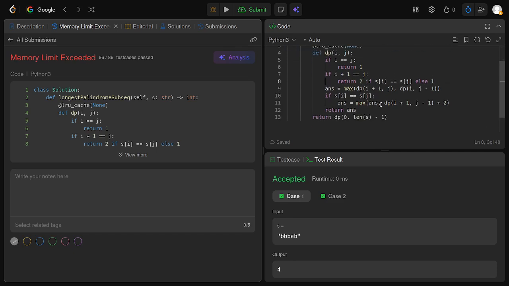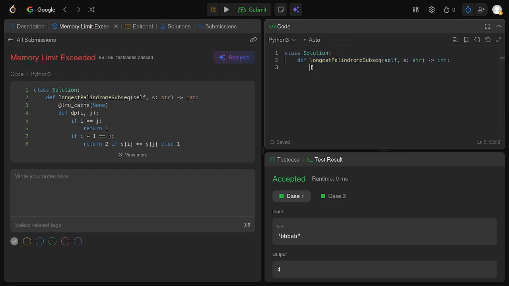I mean, I could do tabular DP, but that might be... n is len(s). So for i in range n minus 1 down to 0, and now if s[i] is s[j], then dp[i][j] is equal to 2, right?